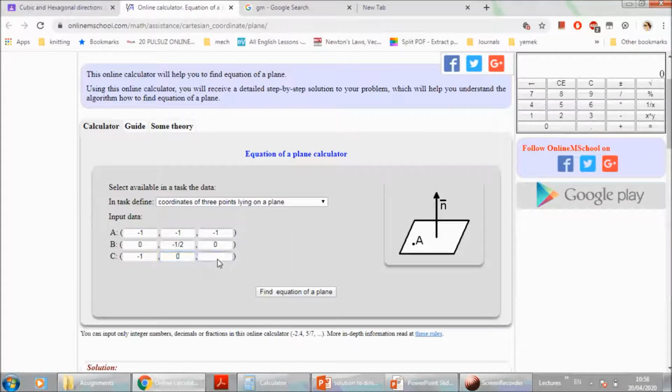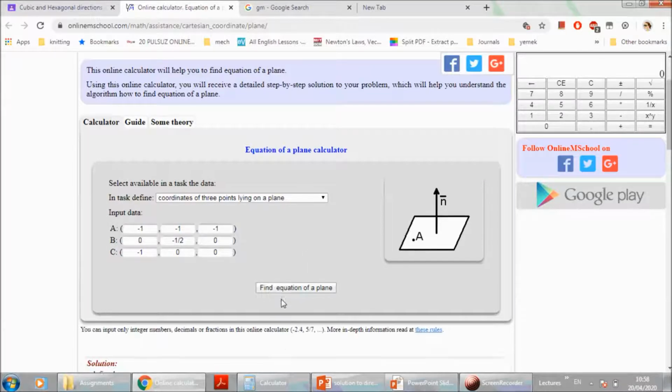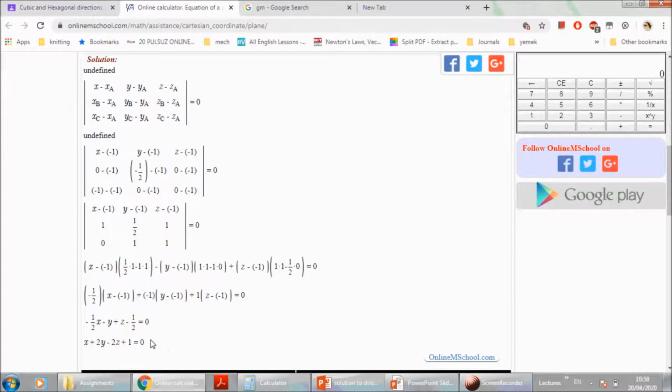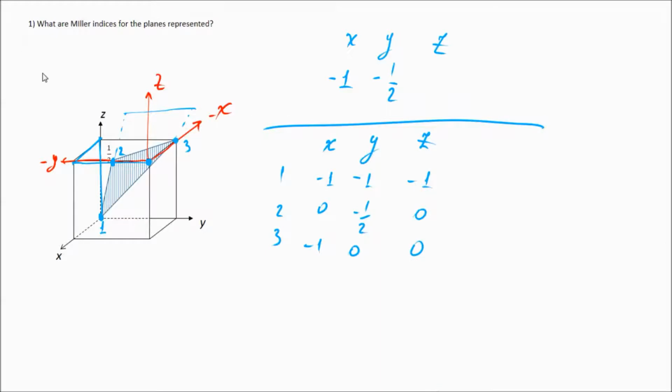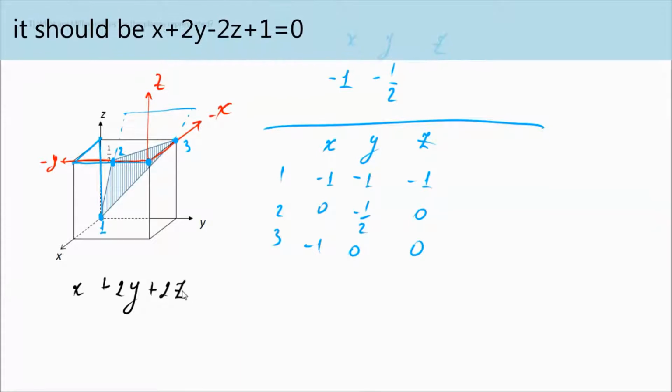Let me check. Find equation of the plane. So here, that's the equation of the plane. Let me write this down. So our equation is x plus 2y plus 2z minus 1 equals 0.